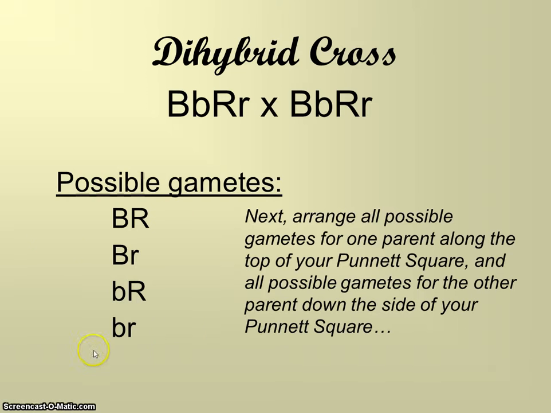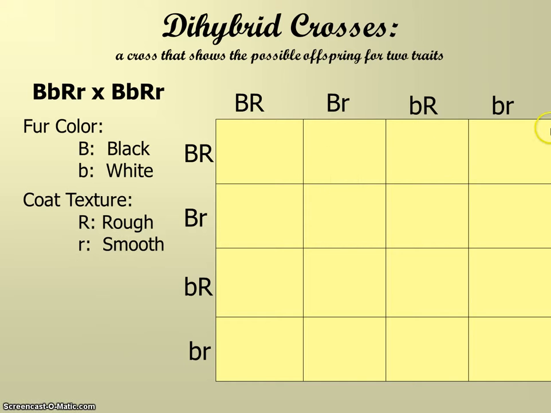Now we're just going to put them on the Punnett square for the dihybrid cross. So here we go. Notice that the Punnett square is a little bit bigger, because now we've got 4 possible gamete combinations from each parent, since we have 2 traits that we're crossing at the same time. So we're going to have 16 possible outcomes as far as the arrangement of these gametes goes.